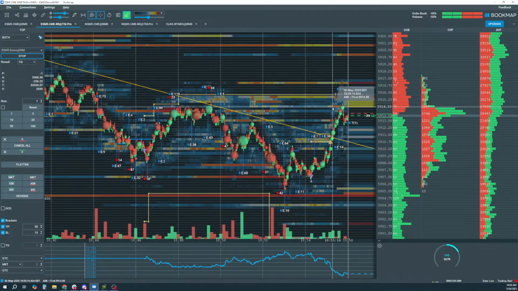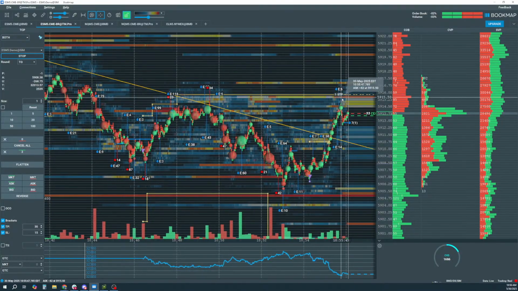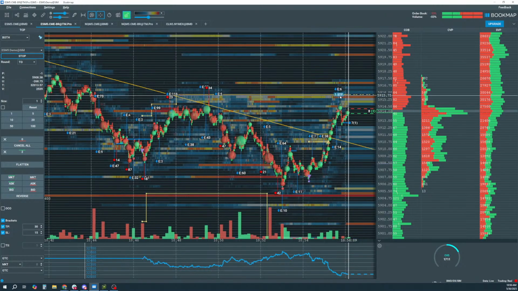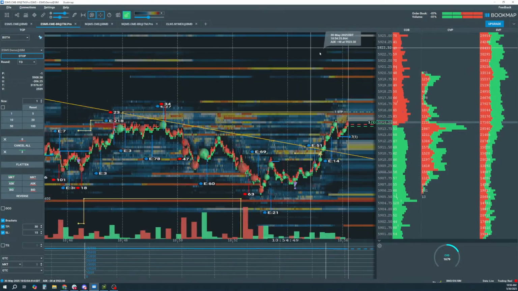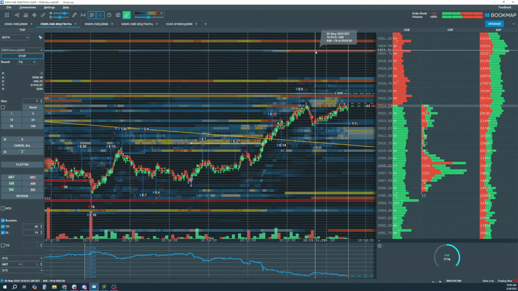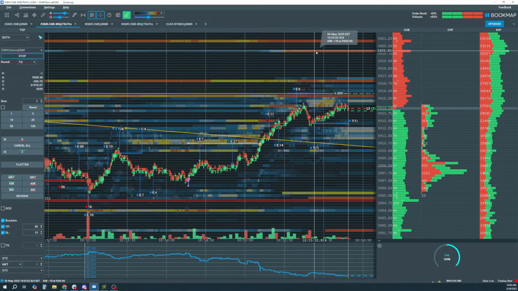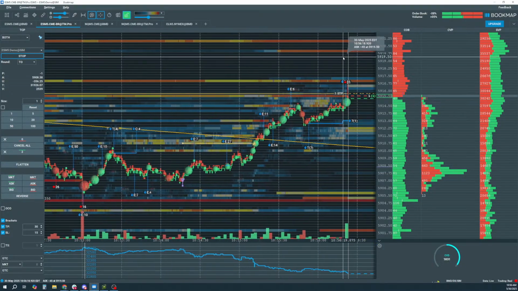Again, we get this kind of move up or probe up and retest these highs here. Shake everybody out, including us. Okay, do we find buyers up here?